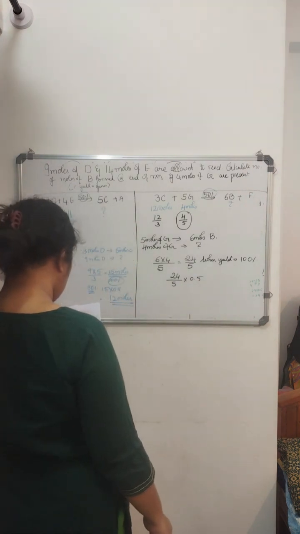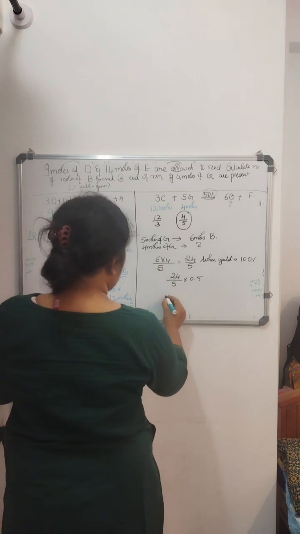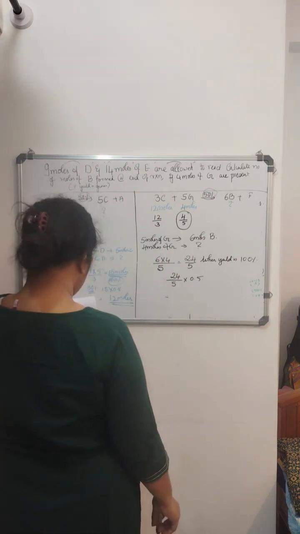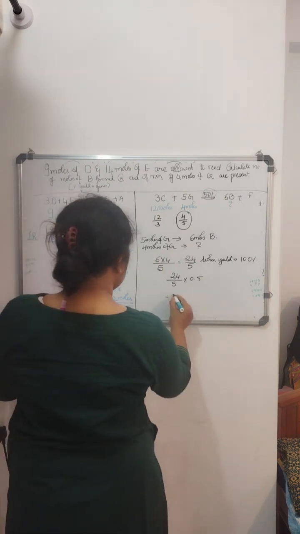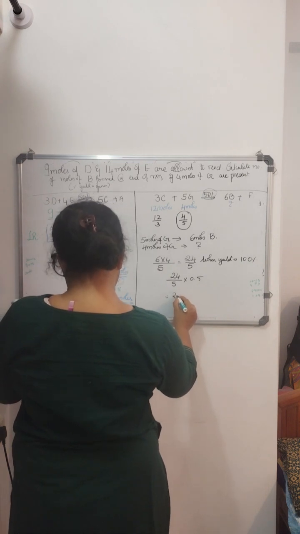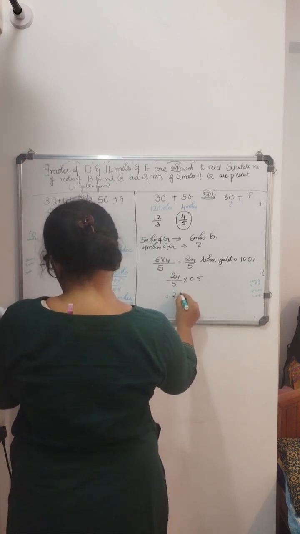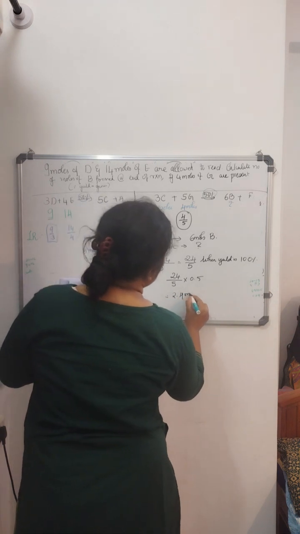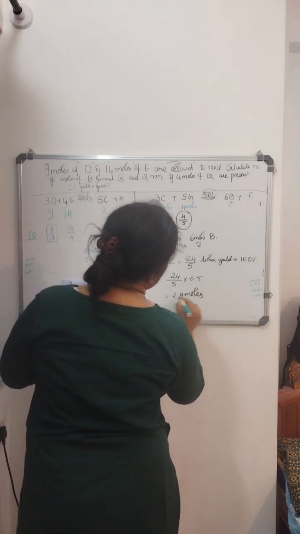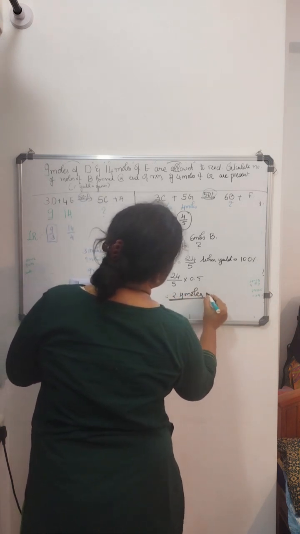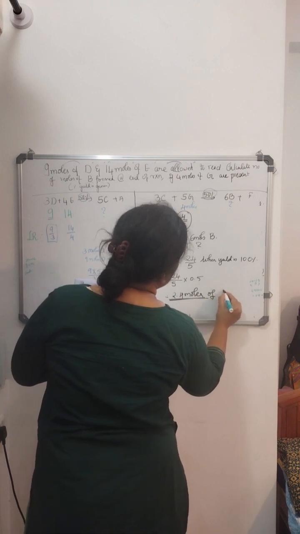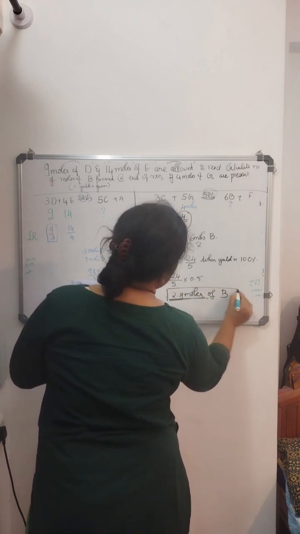Around 2.4 moles. Okay, so this is moles of B formed as the product.